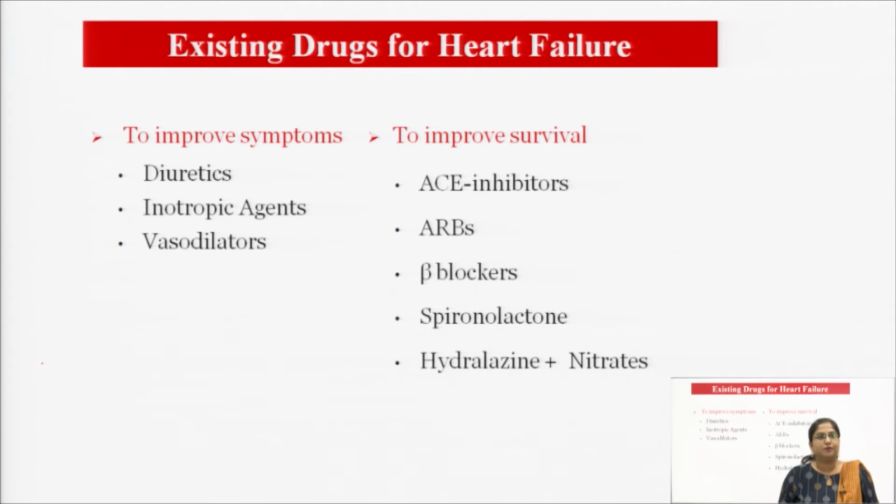To improve the symptoms, the drug classes used are diuretics, inotropic agents and vasodilators. And to improve the survival rate, there are ACE inhibitors, ARBs and beta blockers, spironolactone, and hydralazine plus nitrates.